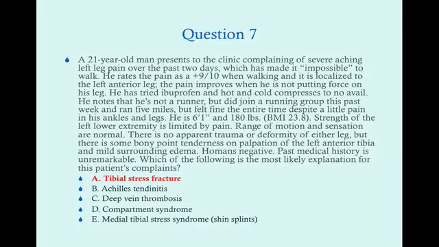Or maybe a 45-year-old guy who's got cancer. All of those things can cause deep vein thrombosis, but not in a healthy 21-year-old guy who started running and now has pain. So deep vein thrombosis would also probably give you a positive Homan sign, but that's not always the best test. But if the USMLE tells you Homan sign is negative, you can rule out deep vein thrombosis. Not in real life, though, so much.